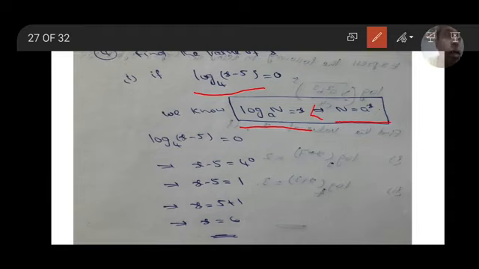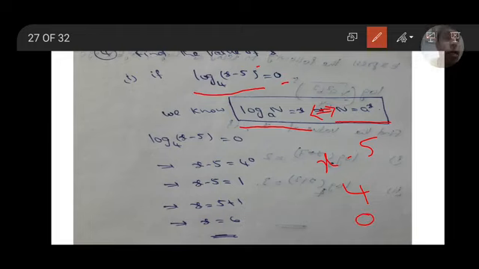It is defined only if... And log n to the base a equal to x, n equal to a to the power of x. By using this property, what is the n value here? N value is x minus 5, a value is 4 and x value is 0.